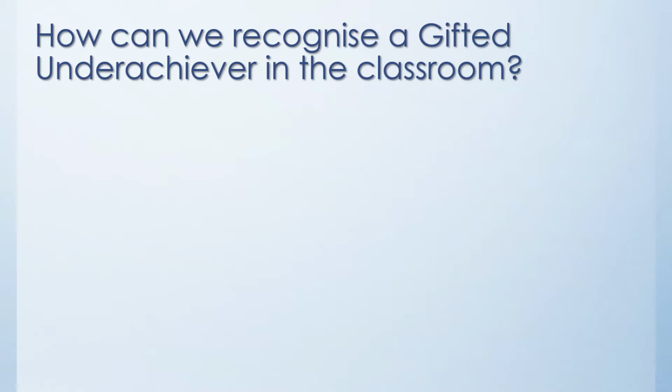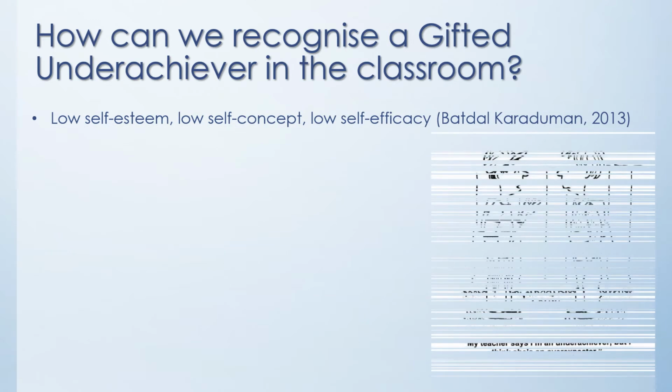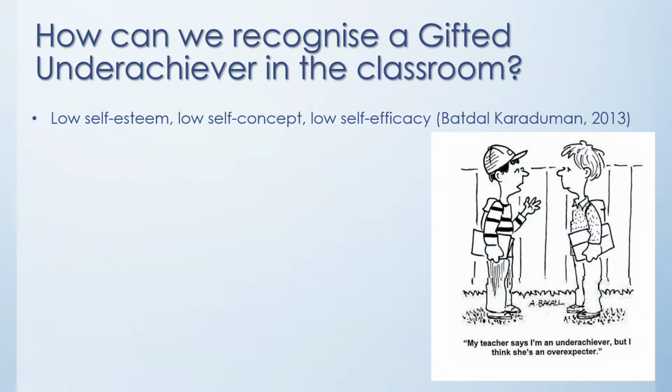So here are some examples of ways we may be able to identify a gifted underachiever. Again, all students will have their own individual characteristics and forms of giftedness which have been shaped by their own individual context. Notwithstanding that, these are some of the more common characteristics. For example, this first one: low self-esteem, low self-concept, low self-efficacy.